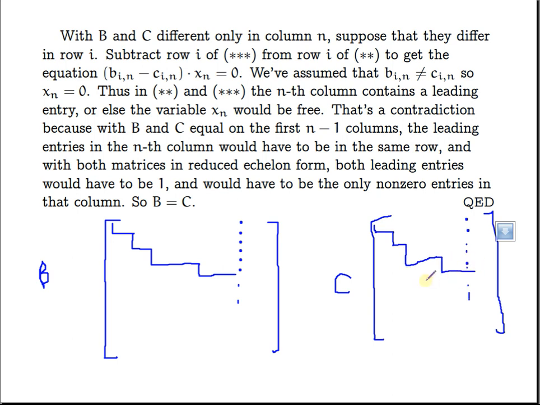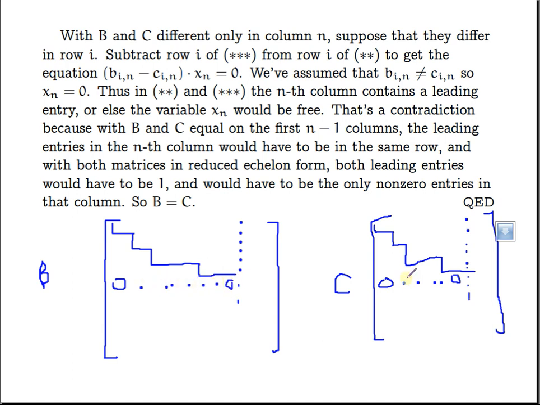Okay. Now, what row has the next leading entry? Well, it has to be the next row here. It's the row with lowest index that has all zeros. So the leading entry in this last column must be in this row that has all zeros. Similarly, the leading entry in B must be in this row that has all zeros.